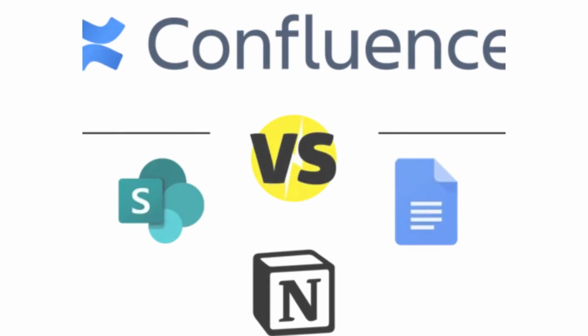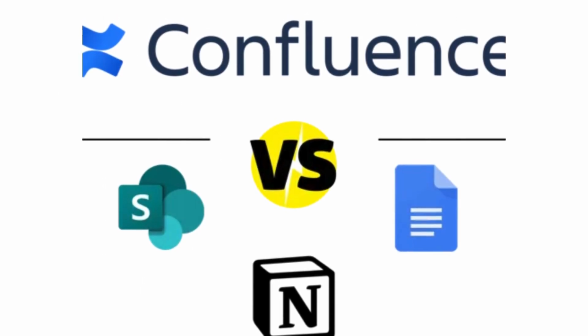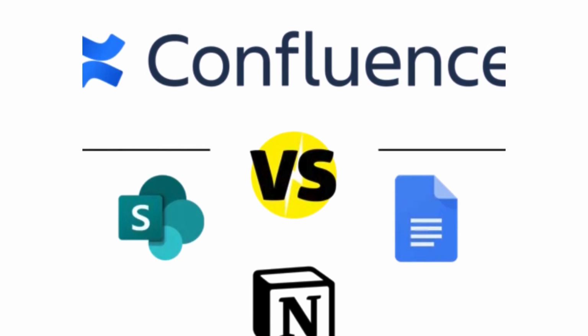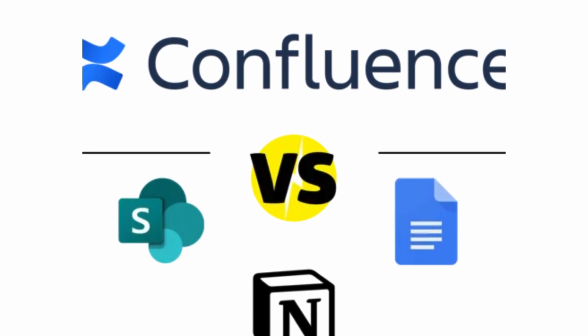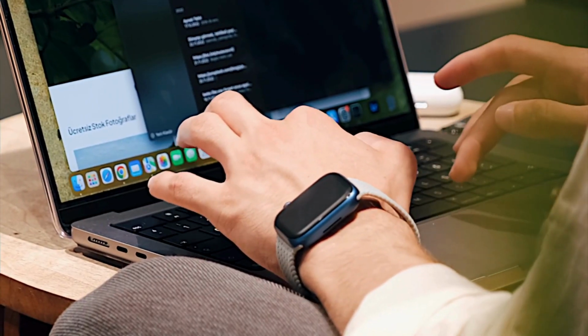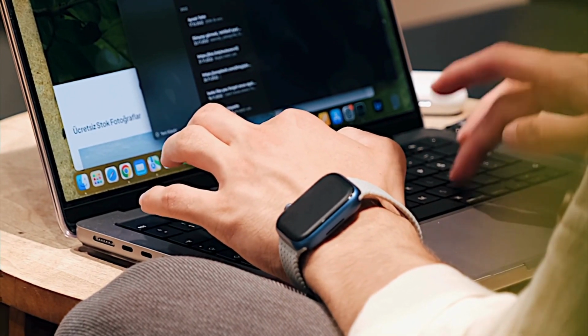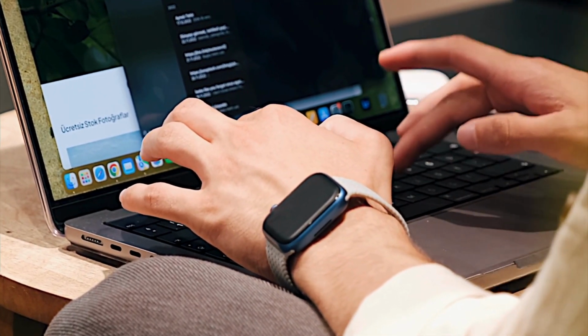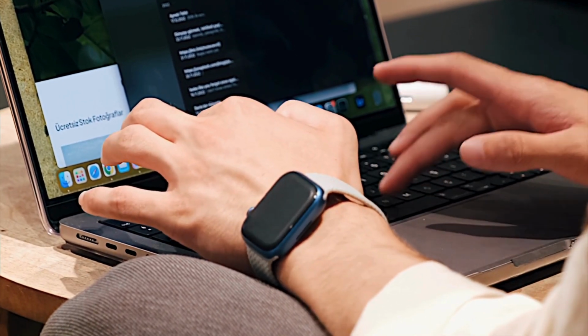We have Confluence, Notion, Google Docs, and Slack. For me, my favorite documentation and knowledge management tool is Google Docs. Google Docs might seem old school, but it is still very relevant in storing product requirement documents.